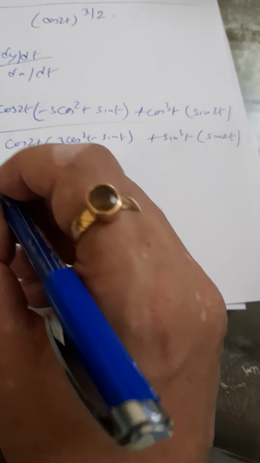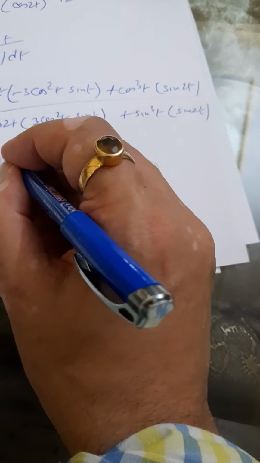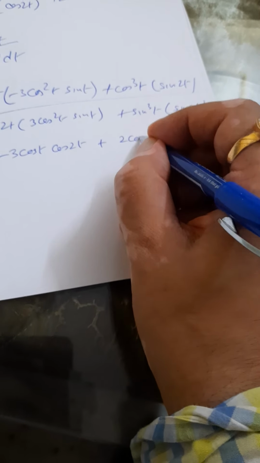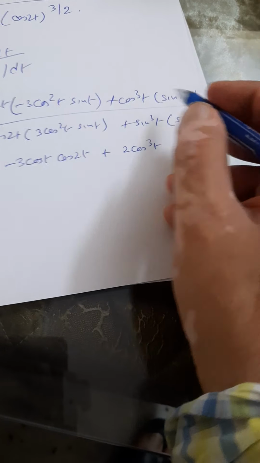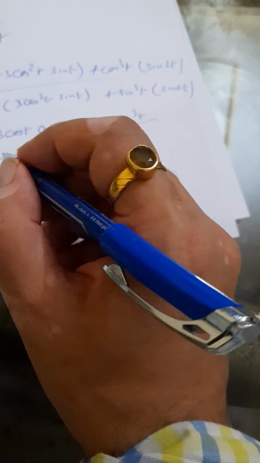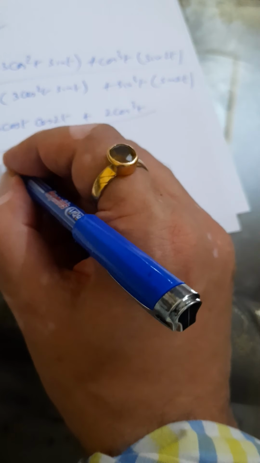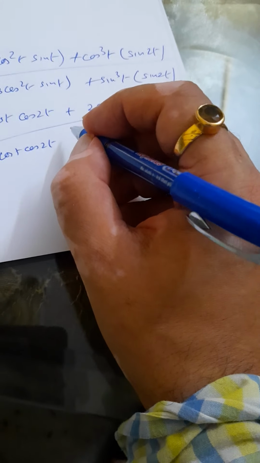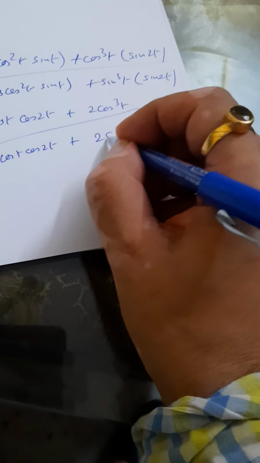Now from the numerator you take sin t cos t common, and you will get minus 3 cos t cos 2t plus 2 cos cube t. This is 2 sin t cos t; here also take sin t cos t common, upon 3 cos t cos 2t plus 2 sin cube t.